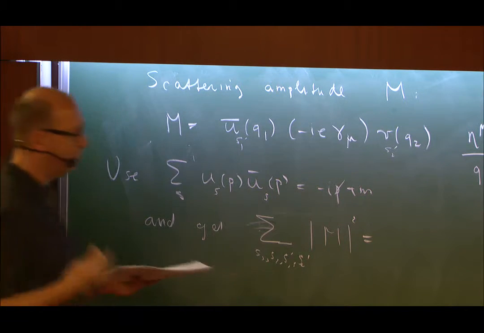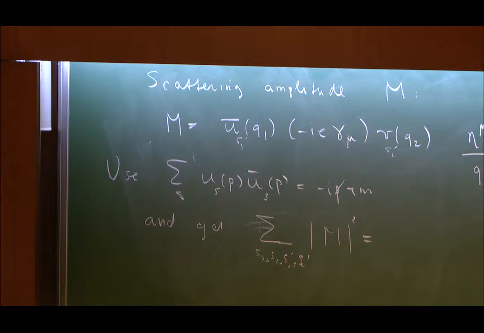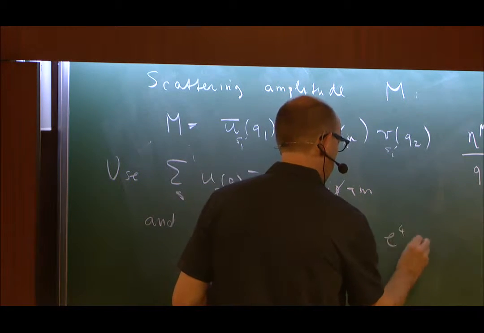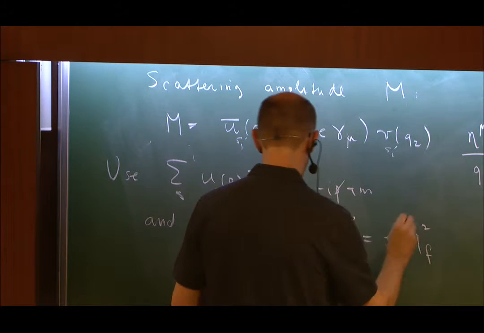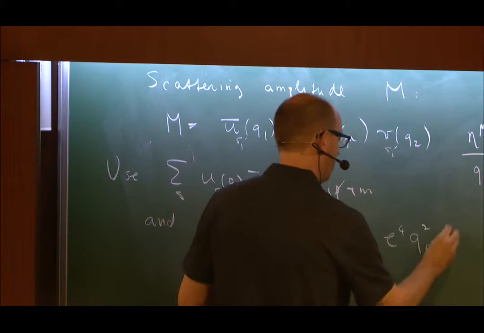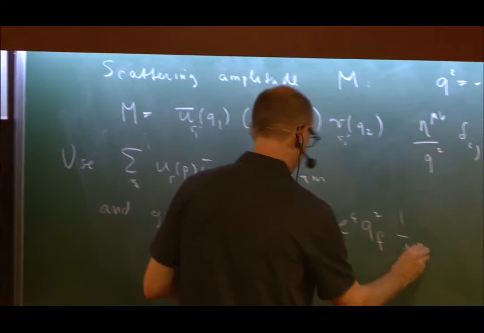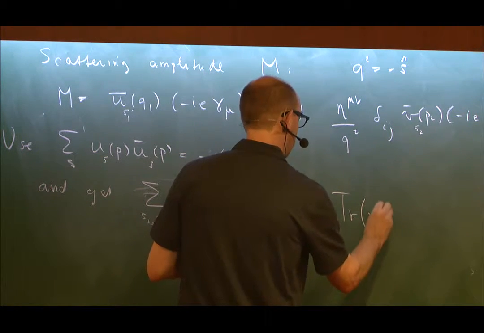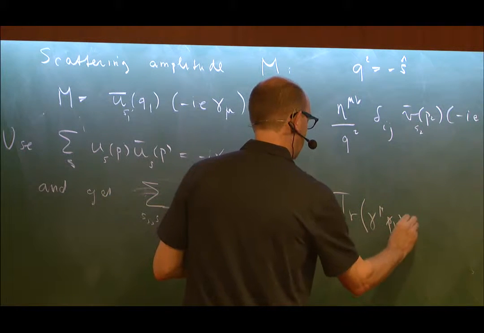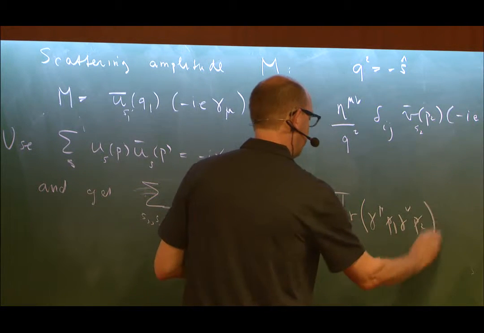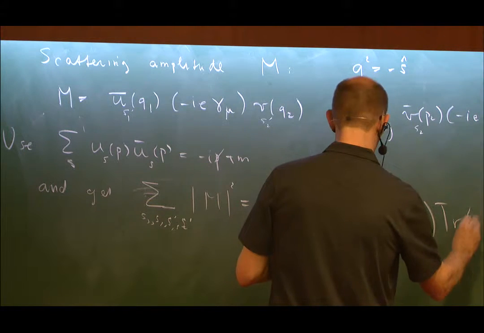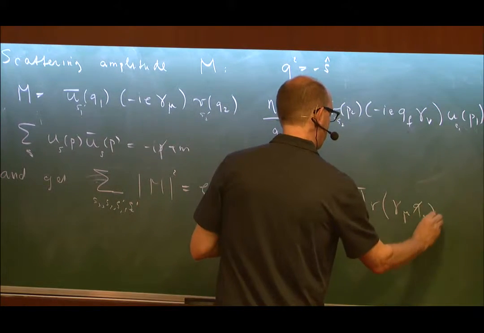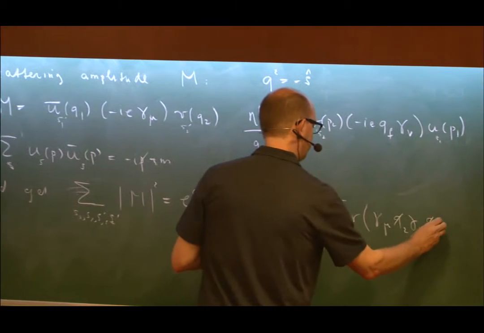This is from field theory courses, and is equal to e to the 4th Q_f squared, 1 over s hat squared, and then the trace of gamma mu p1 slash gamma nu p2 slash, times the trace of gamma mu q2 slash gamma nu q1 slash.